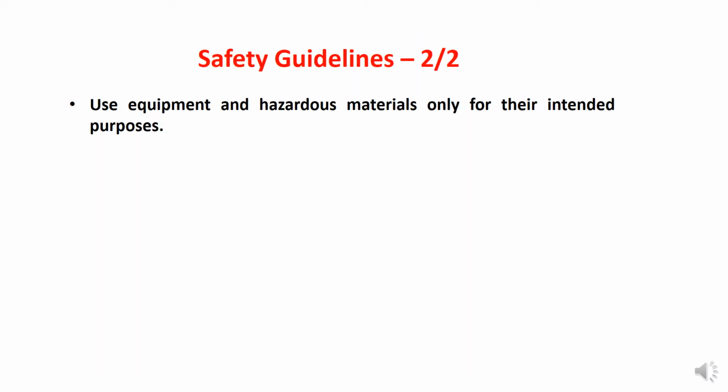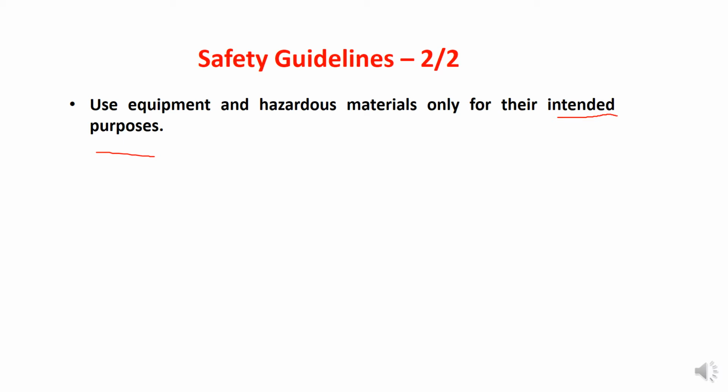The next one is to use equipment and hazardous materials only for their intended purpose. Whatever your experiment and whichever chemical you need, use equipment and materials only for that purpose.